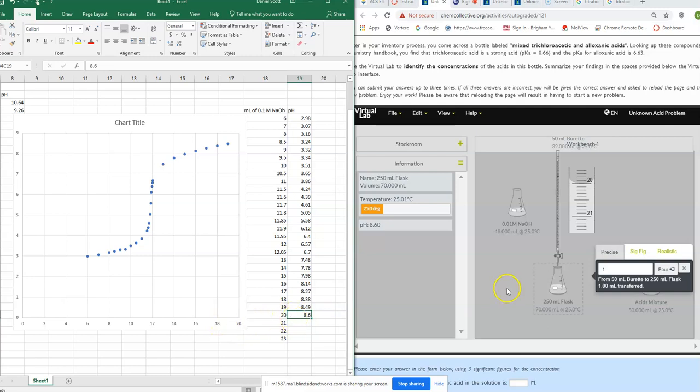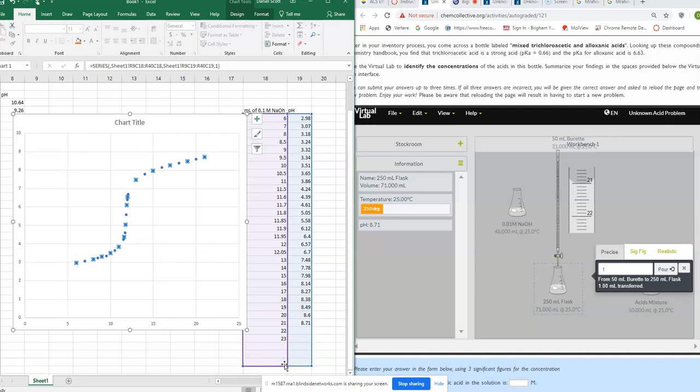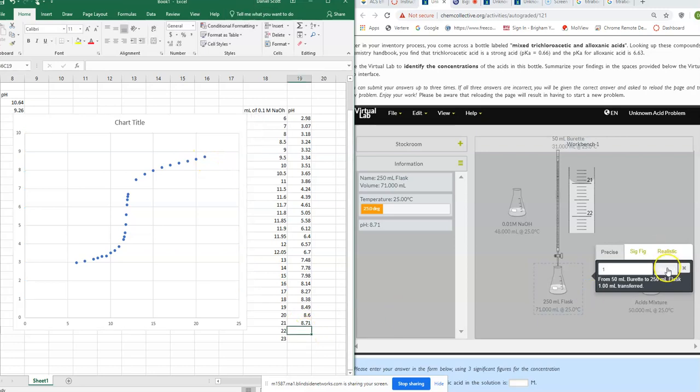Did it not show up? 8.71. Oh, I need to redraw my graph, drag it down a little bit further. Does it look like it's kind of speeding up the change there? Or is that just me? Yeah, barely. 8.82 for 22. 8.93.